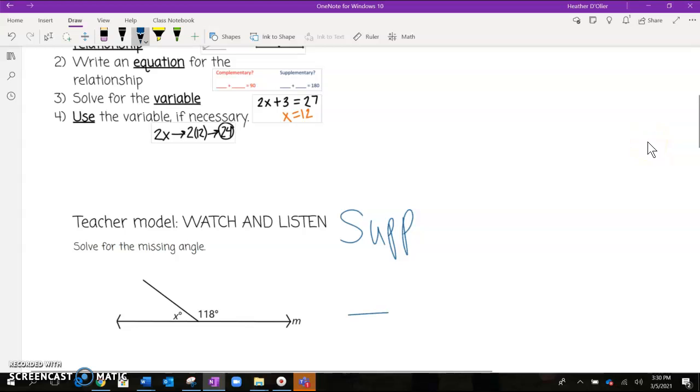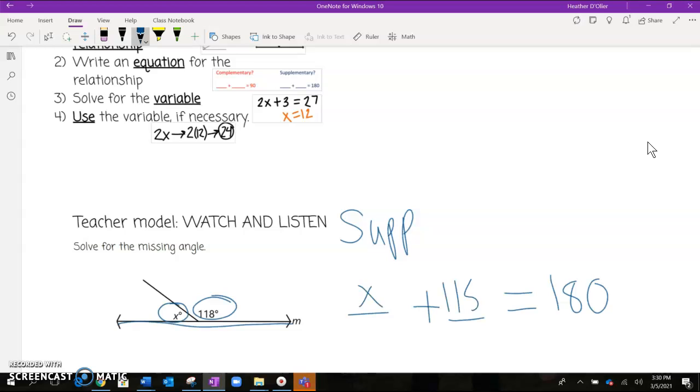So I'm doing something plus something equals 180. And my somethings come straight from the problem, because since this is my straight line, these are the 2 pieces that add up to 180. So I have x plus 118 equals 180.